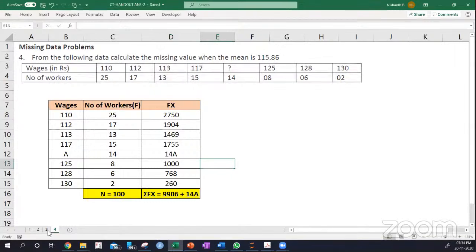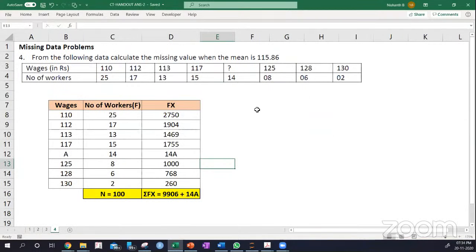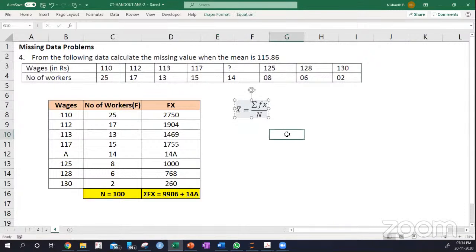So now I put my formula. X bar is equal to summation fx by n. This is the formula. X bar is 115.86.